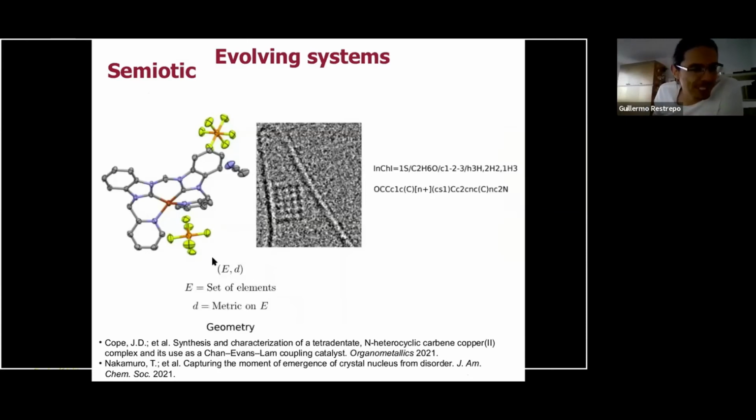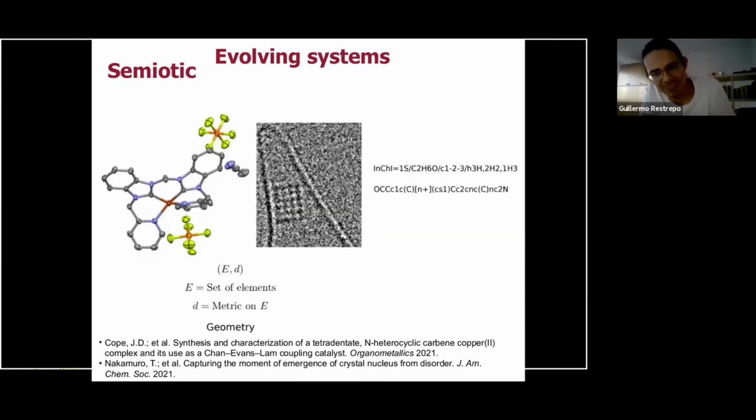This is very nice because I was trying to show that the evolution of the semiotic system, at least to talk about substances, went from the composition of substances, to the topology of the molecules, the molecular structure, and then to the geometry of the molecules.